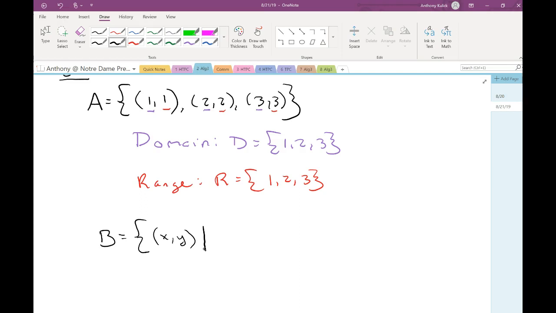So I'll start with the set of xy such that, and then I'll write a rule, like y equals 2x.